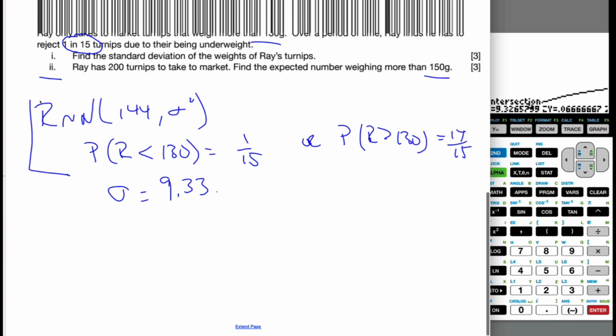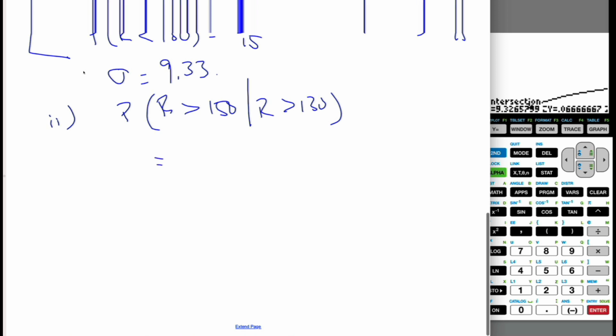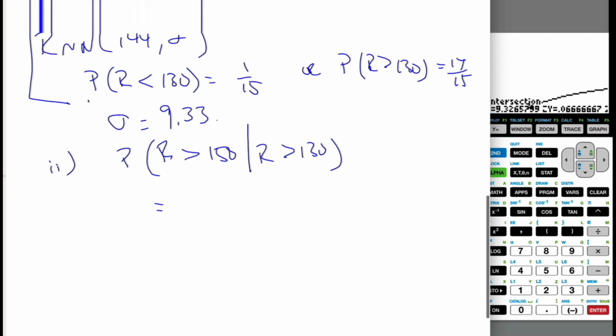Well, I know that for Ray, he wants to find the probability of being over 150, given that I know that Ray only takes ones that are over 130. Well, if I find this probability, then I can multiply by 200 to find the expected number.